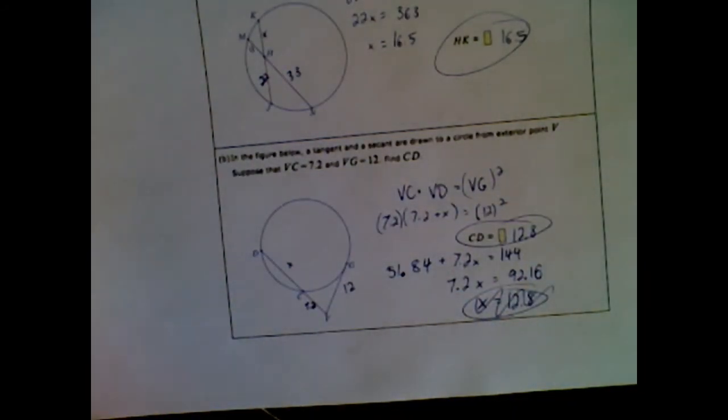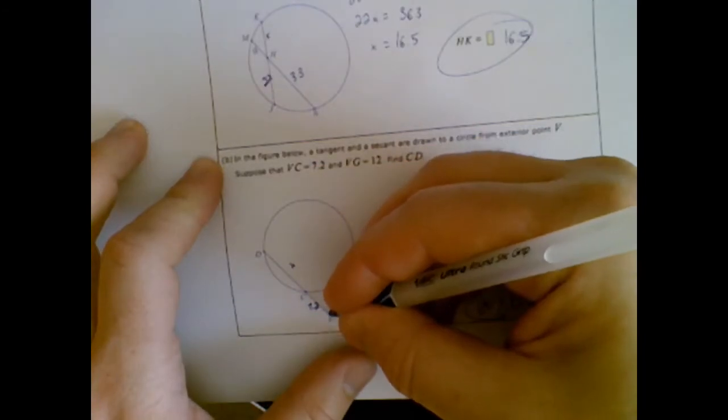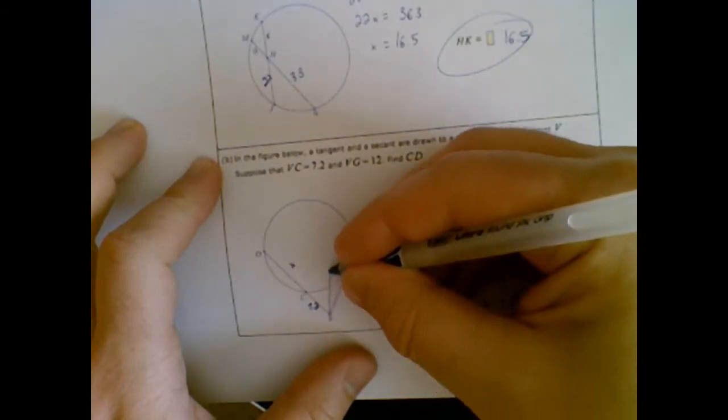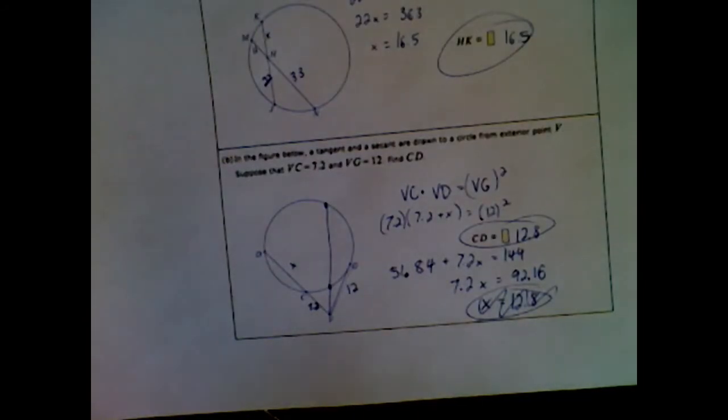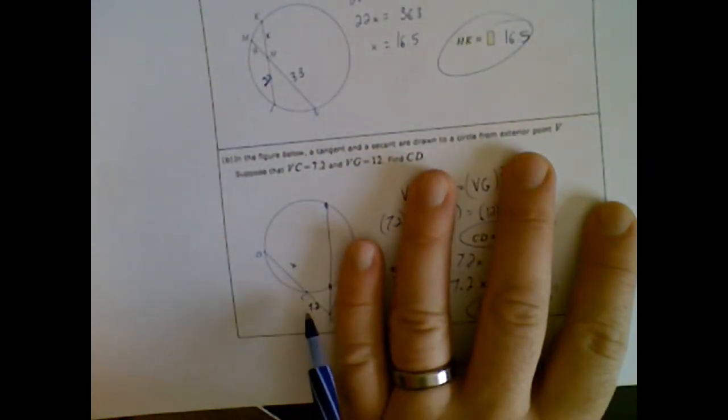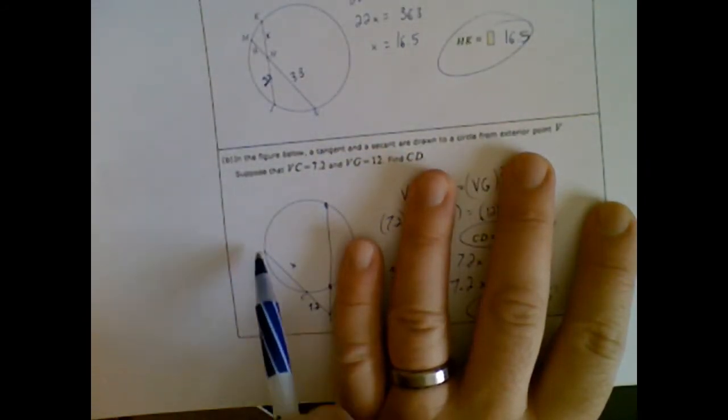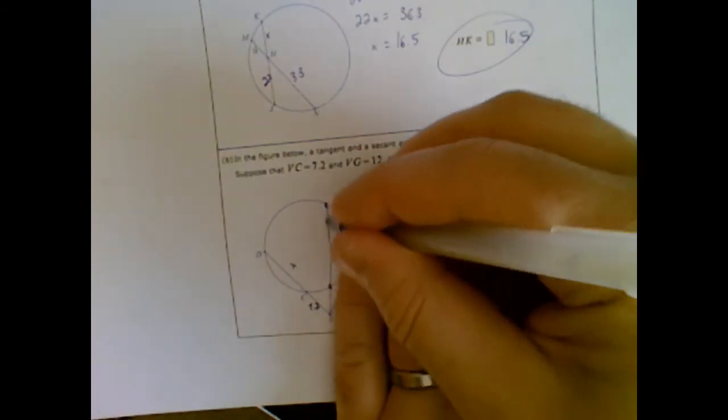All right. So the only other situation you have is what if instead of VG it cut across like this and we had two secants? All right. That's not a big deal. You just follow the pattern we did here for both secants. So outside times whole equals outside times whole. Okay.